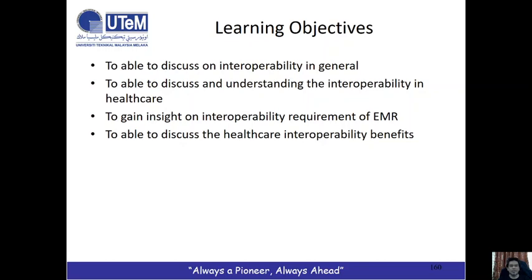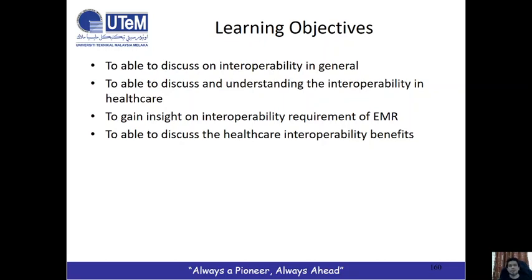And to gain insight on interoperability requirement of EMR. So when you want to implement the EMR system, you need to include your design consideration about the interoperability. For example, you develop one of the clinical services in the hospital.